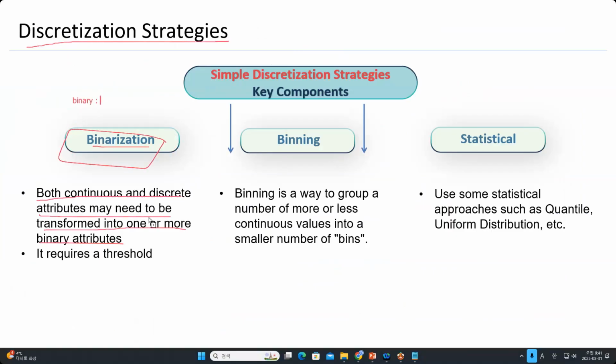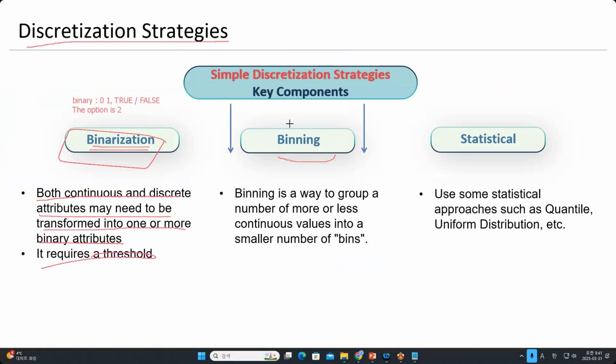Binary means 0 or 1, or maybe true or false. So there are only two options, whether 0, 1 or true or false. In binarization, usually it requires a threshold.